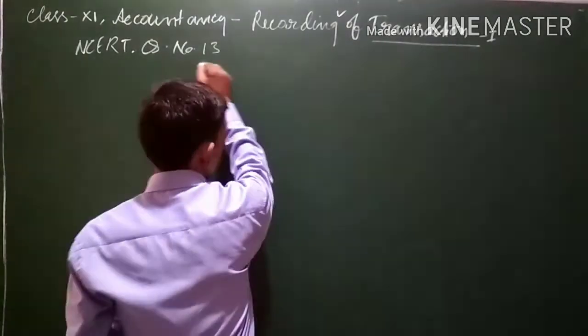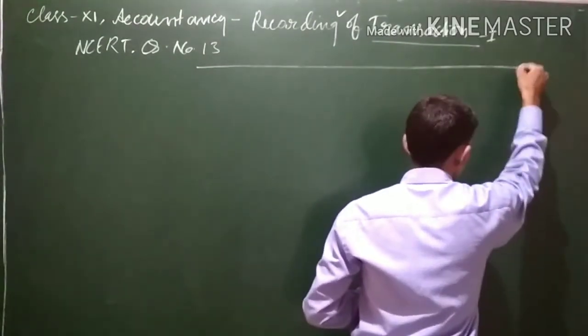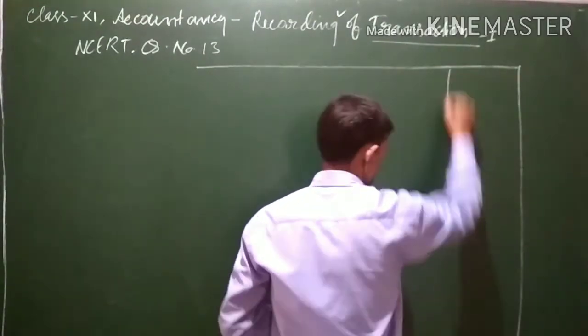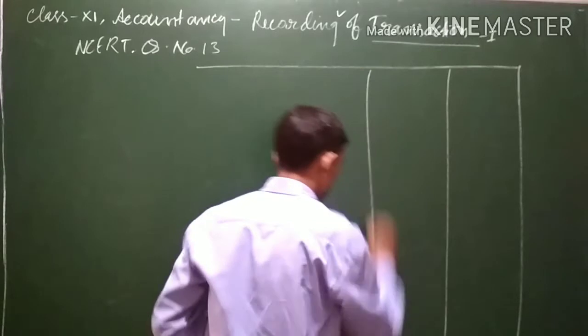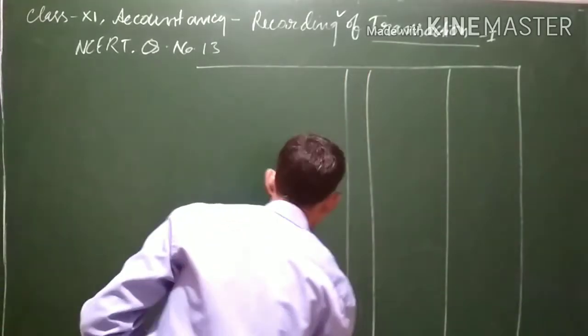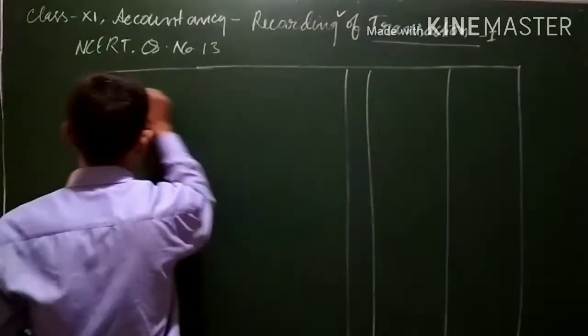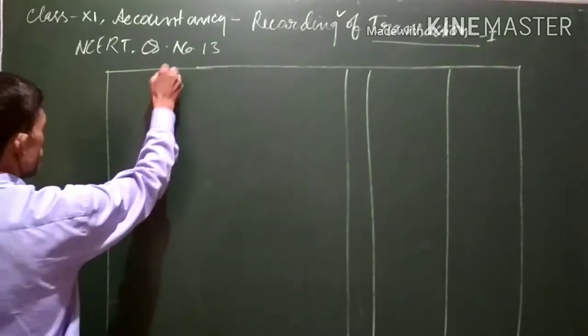Let us first of all draw the format of the journal also, so that you are well aware of the format as well. This is the format of a journal.